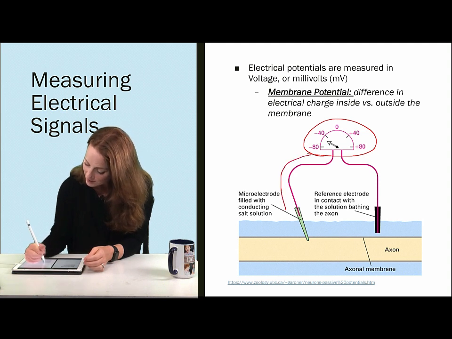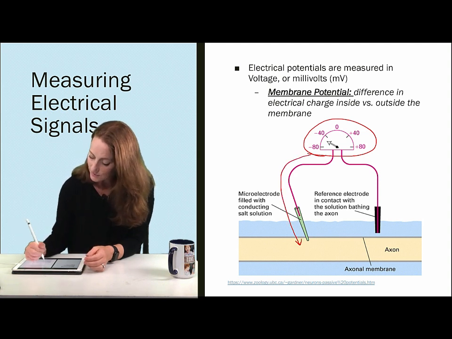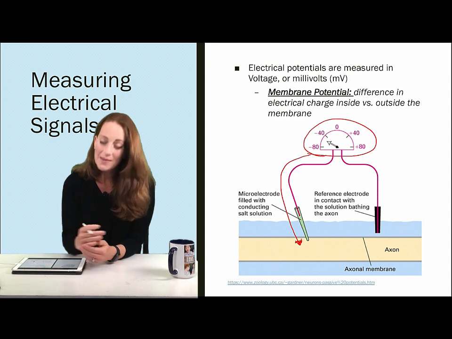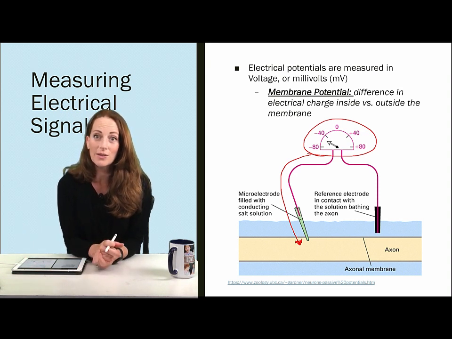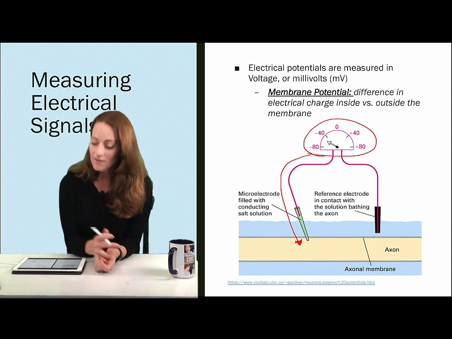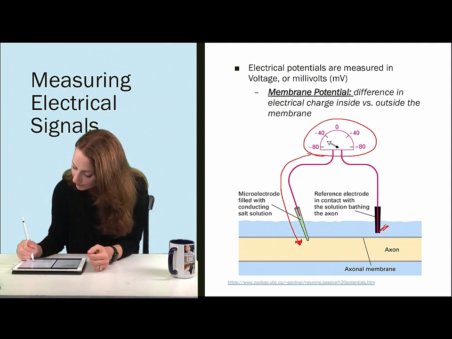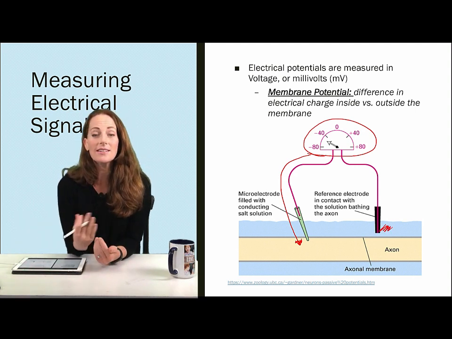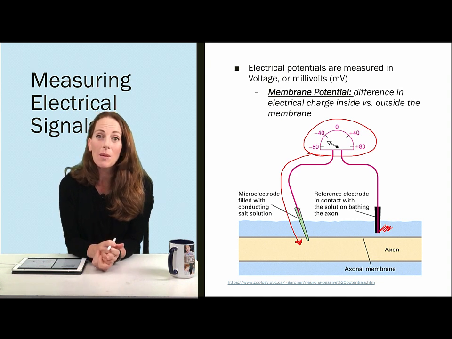Electrodes are the recording devices that can sense the voltage at a given point. We'll have a microelectrode just inside the cell membrane, or sometimes even kissing or touching the cell membrane. And we'll have an electrode that is a reference in the solution just outside of the cell membrane.